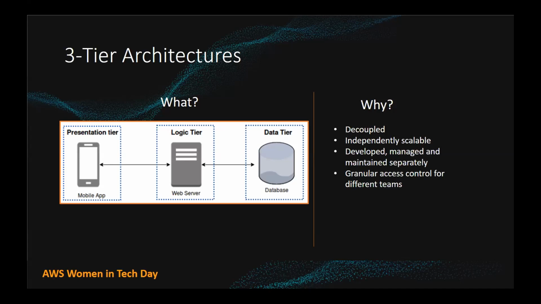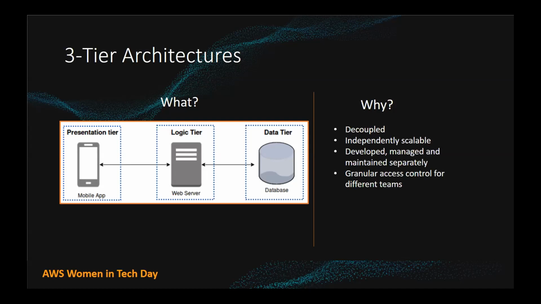It's not a new concept. There are three components: a presentation tier, the logic tier, and the data tier. Based on your business use case, there can be more than three tiers as well. However, the scope of discussion for today is going to be three-tier architecture.